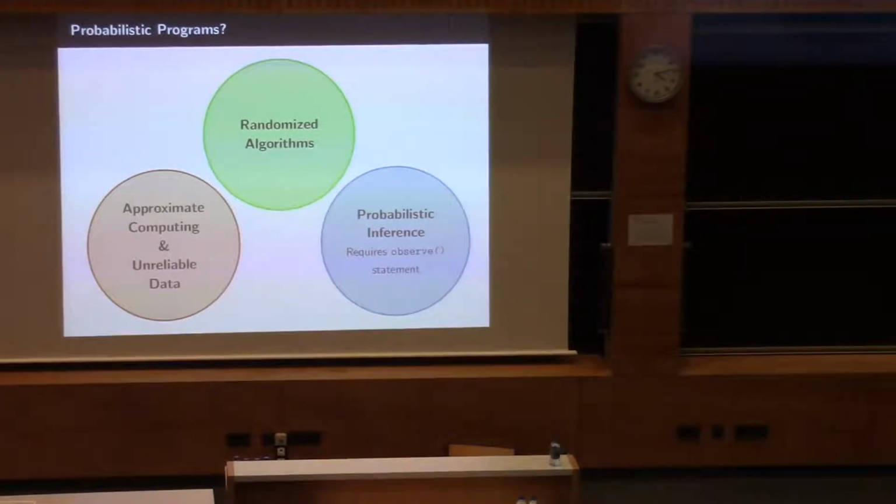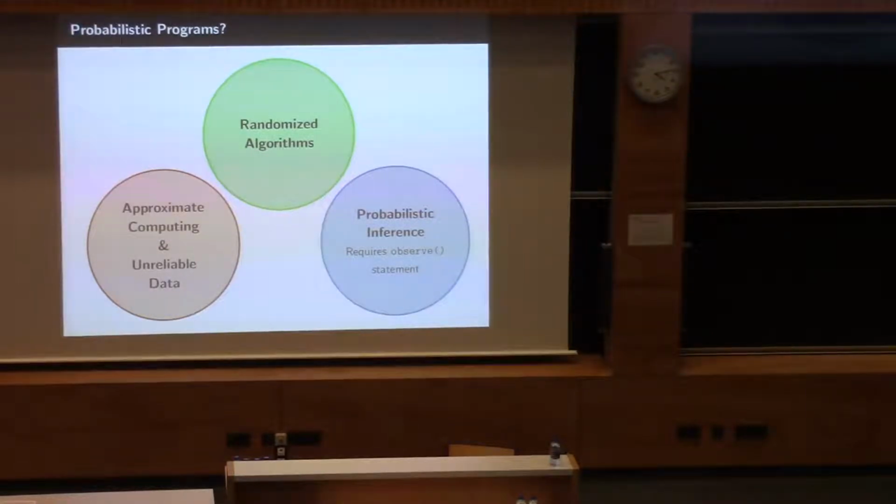Probabilistic programs have a multitude of applications, including classical ones like implementing randomized algorithms, or more recent ones like reasoning about classical programs that execute on unreliable hardware or with noisy inputs. There is also use of these programs as probabilistic inference tools, for which one requires observe statements that are used to reason about conditional probabilities and posterior distributions.